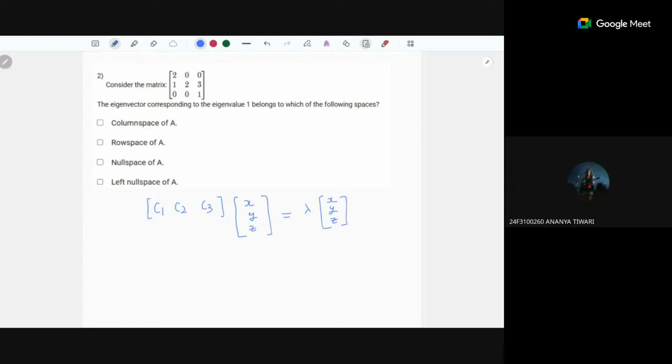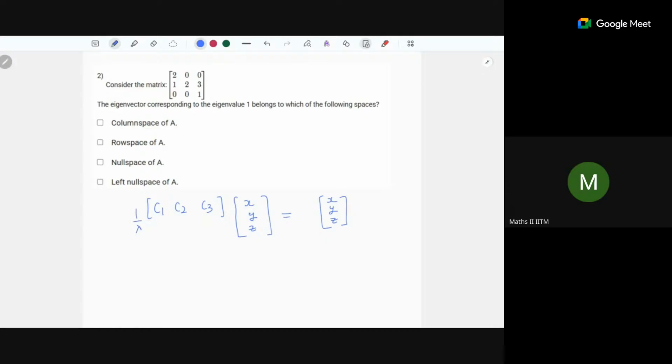Yes, I think it is the left null space. No, not the null space. It is the null space when the eigenvalue is 0. The eigenvalue is not 0, so because lambda is non-zero, you can take lambda to this side.